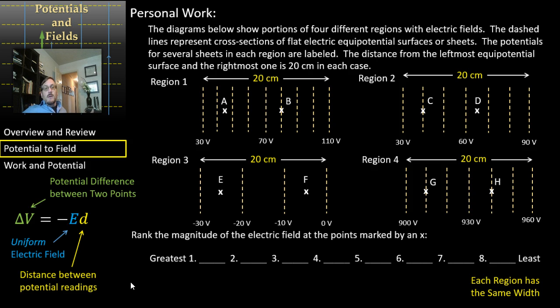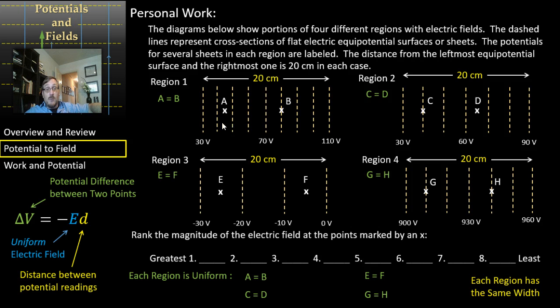And we also have a very useful thing here, which is that since these are all equally spaced equipotentials, right? Since there's no difference in between them, that means that for each one of these 4 regions, the 2 points have the same value of delta V, and so instead of trying to figure out what the distances are between here, what we can do is just figure out for each region what the electric field is, and then each one of those pairs is going to have the same issue.